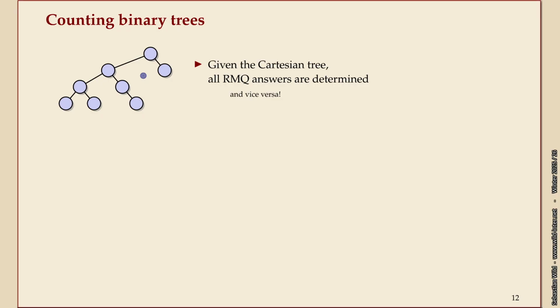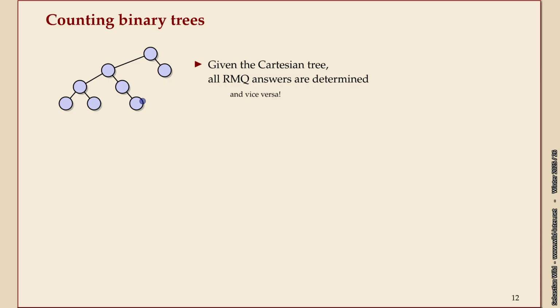The good thing here is I didn't stress this carefully enough. It is really a bijection. If all you know about your array are the range max answers for all possible ranges, you can still reconstruct the Cartesian tree. And if you have the Cartesian tree, you can still reconstruct all the range maxes by definition because they're given in the tree by the lowest common ancestors.